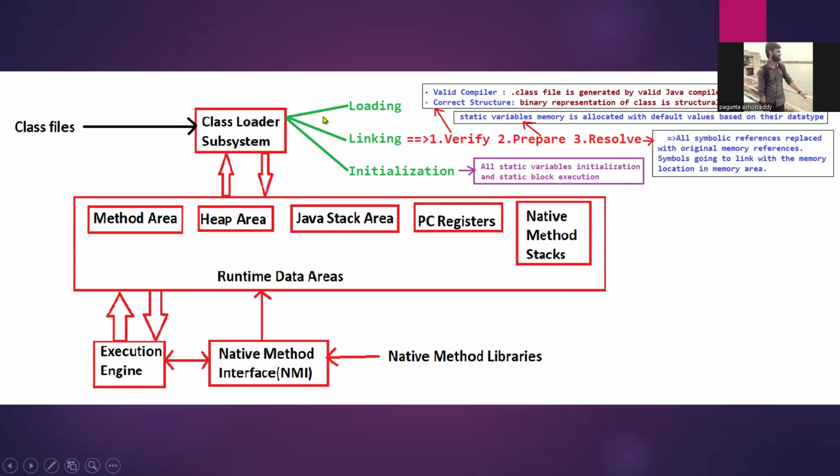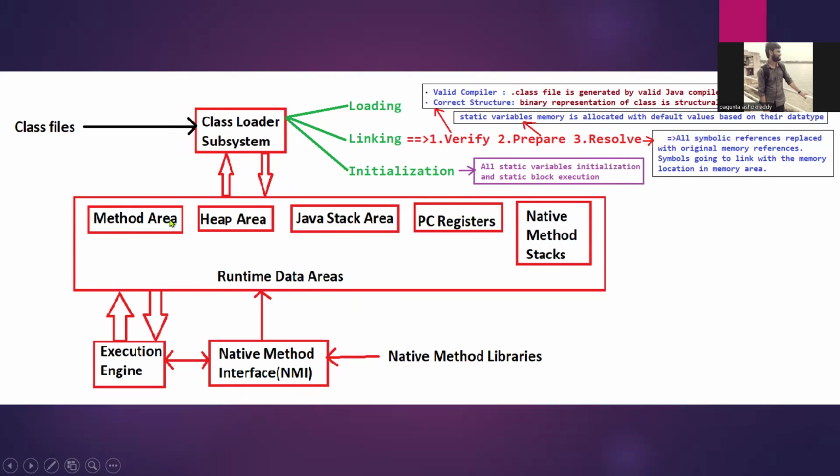What is the bootstrap class loader? I'm going to repeat again: whenever a dot class file is loaded into the class loader subsystem, in this class loader subsystem we have three activities: loading, linking, initialization. The first one is loading. What is the purpose of loading? Loading loads the dot class file and stores it into the method area.